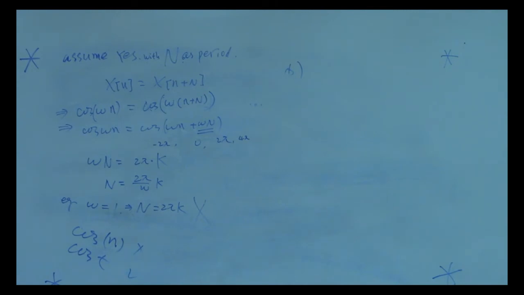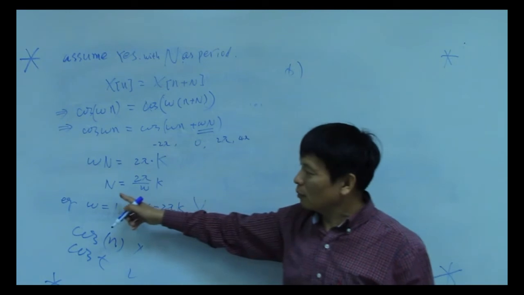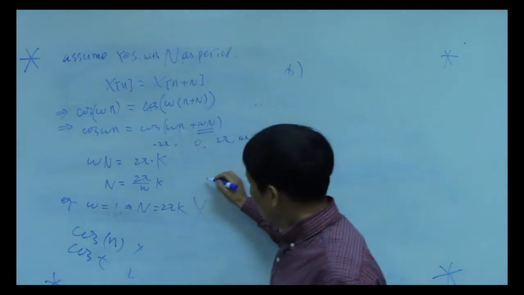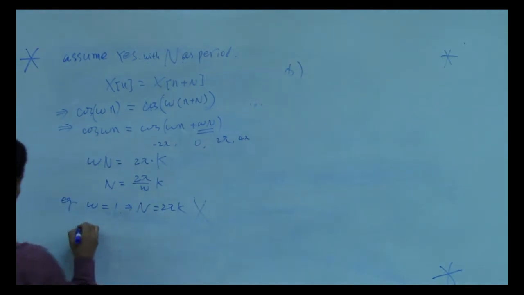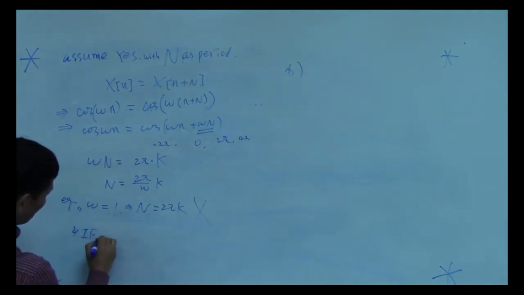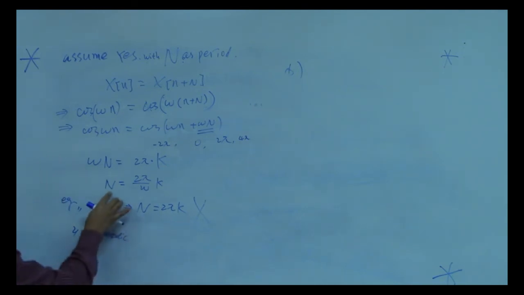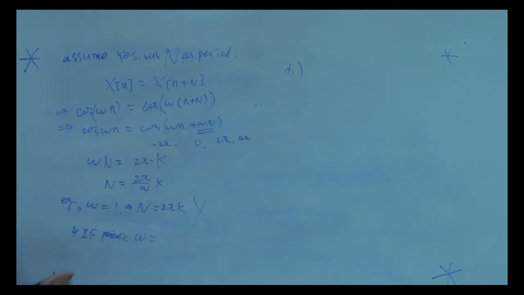Everything good? Next question. Can we make this cosine a periodic function? Let's see. If I want to make this periodic, all these parts are the same, I just need to make this N an integer, right? If it is periodic, that means N is an integer, k is an integer. So this frequency must satisfy some special condition.